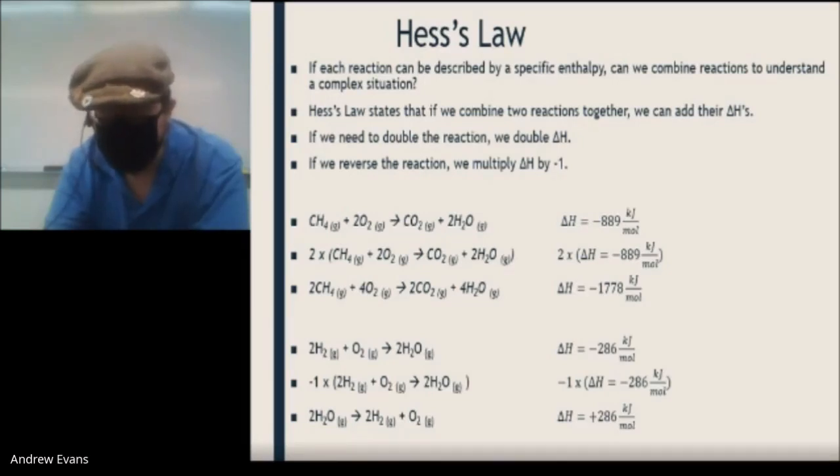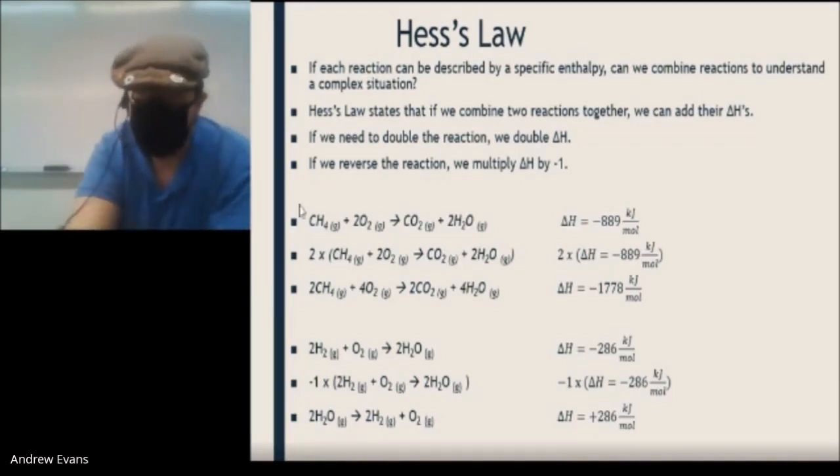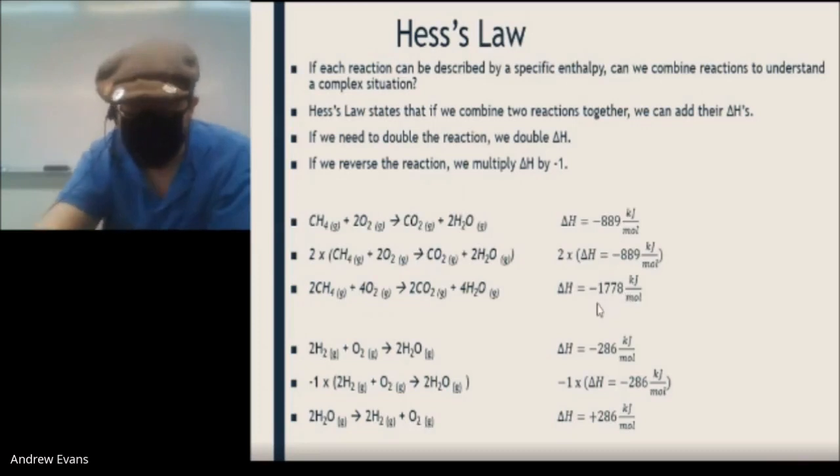I'd also be doubling the enthalpy associated with that. So 2 methanes and 4 oxygens go to 2 CO2 and 4 waters. I've doubled everything. I've also doubled my enthalpy. I'd get double the amount.